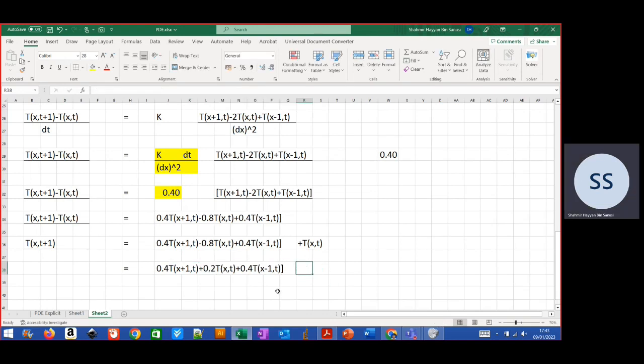Maybe I'll leave some space so that you can see it clearly. So this is our explicit finite difference equation.